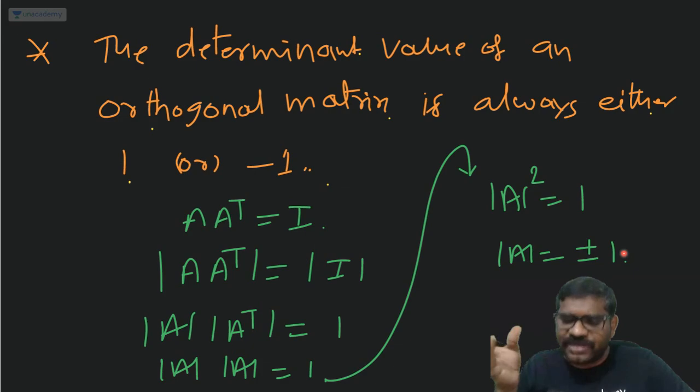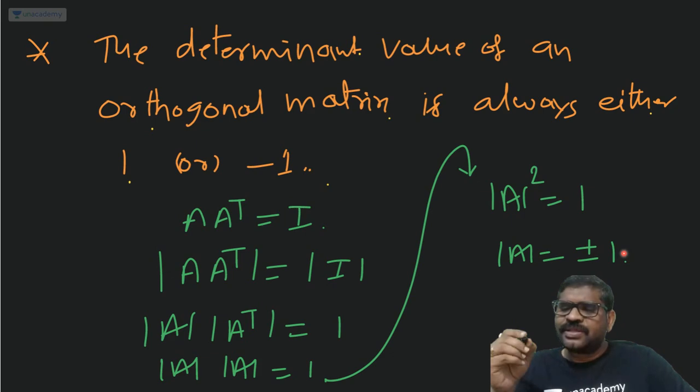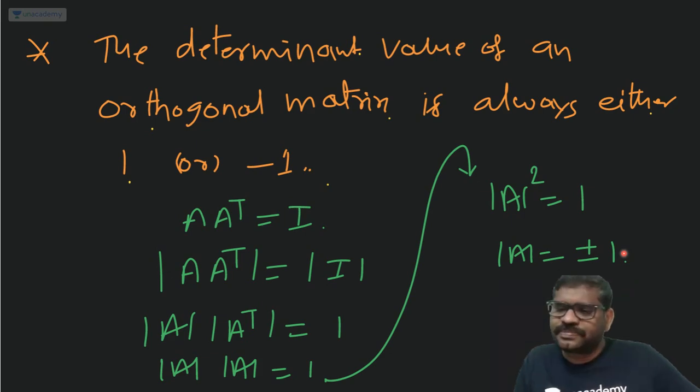You can verify. You have 24 hours time. You verify. If the determinant value is not 1 or minus 1, then you can post the question tomorrow. Sachin, if det A is minus 1, if you take the square, is it a positive number or not? 100% positive number.